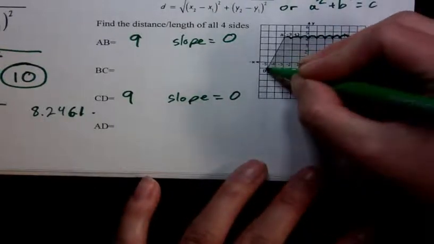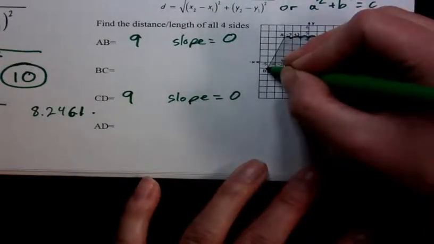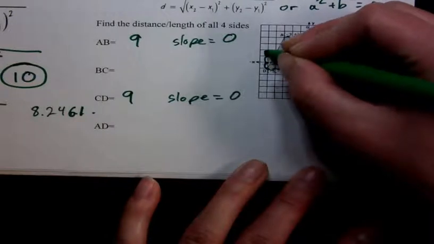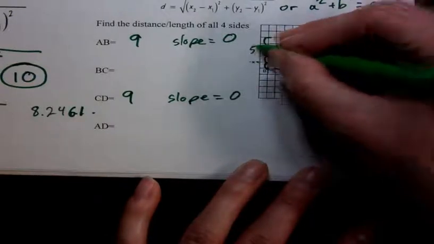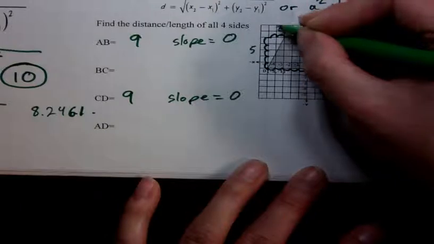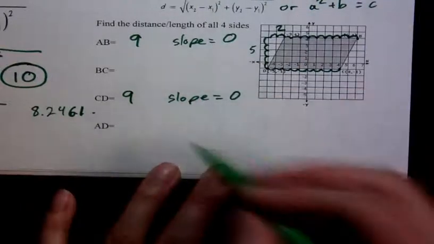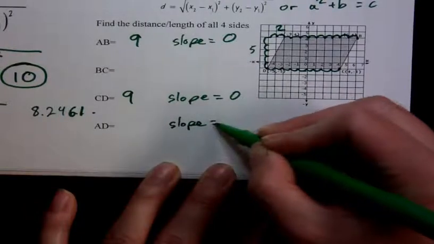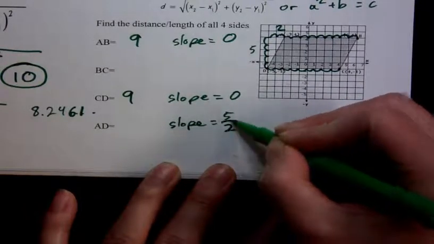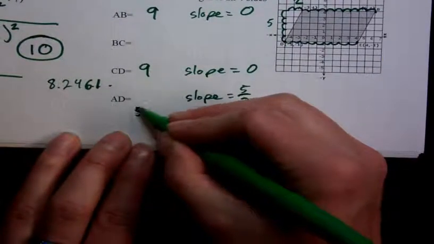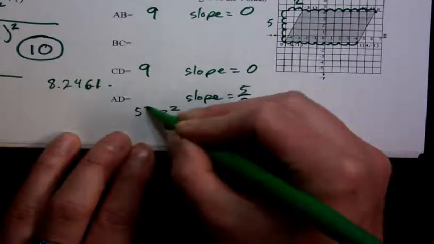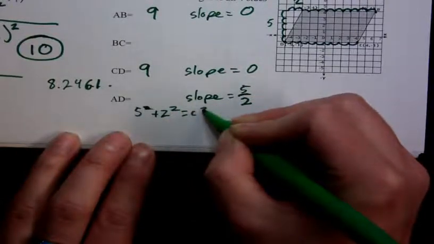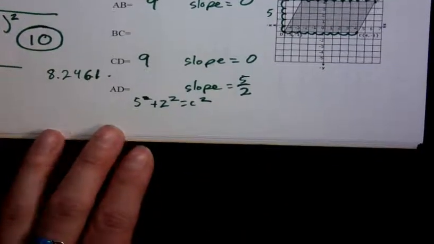Okay, so what we're going to do is count out our rise and our run. So the rise is 1, 2, 3, 4, 5, and our run is 1, 2. So if I'm counting AD, my slope is 5 over 2. Those are the numbers I plug into my Pythagorean theorem. So I do 5 squared plus 2 squared equals c squared to find my distance.